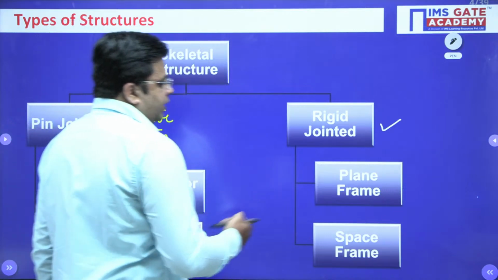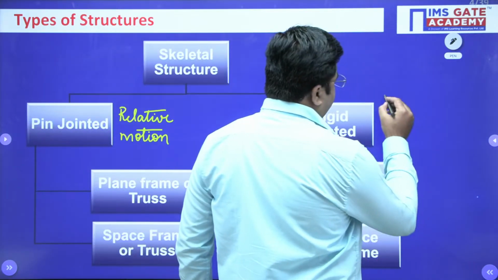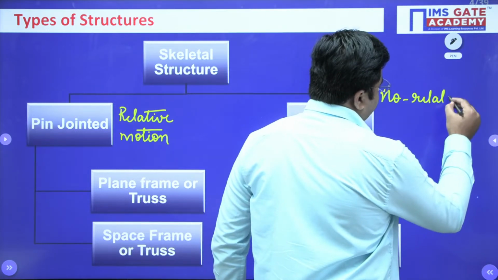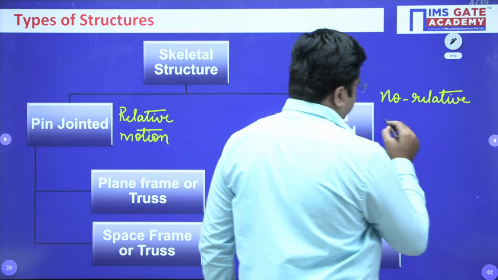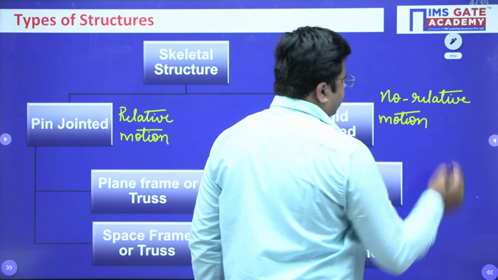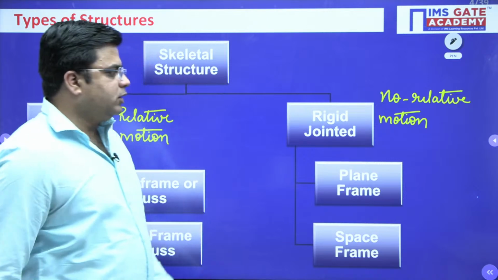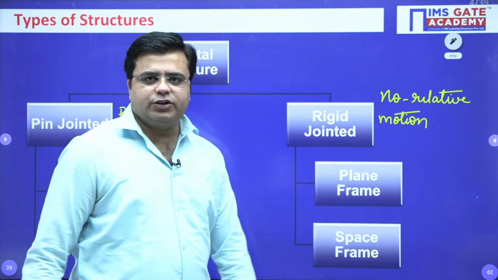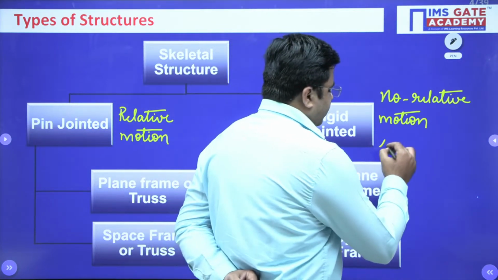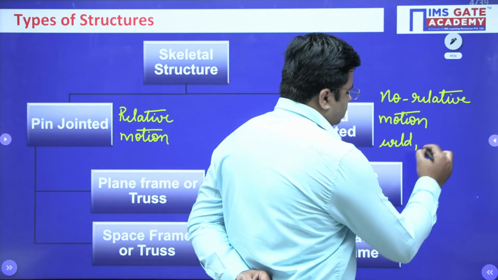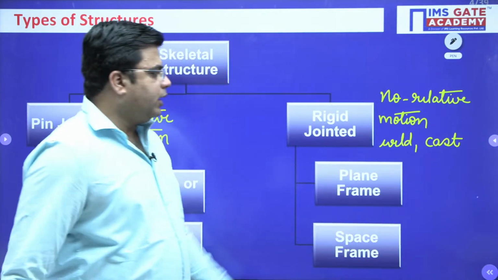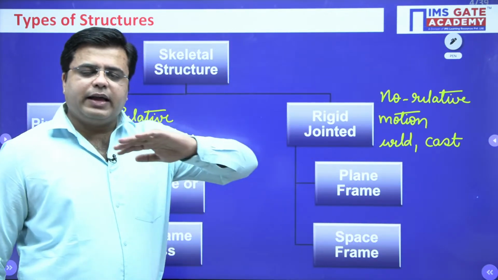For a rigid jointed structure, there will be no relative motion between the members which are connected using a rigid joint. The primary example of a rigid joint is either a weld or a uniform cast, right?